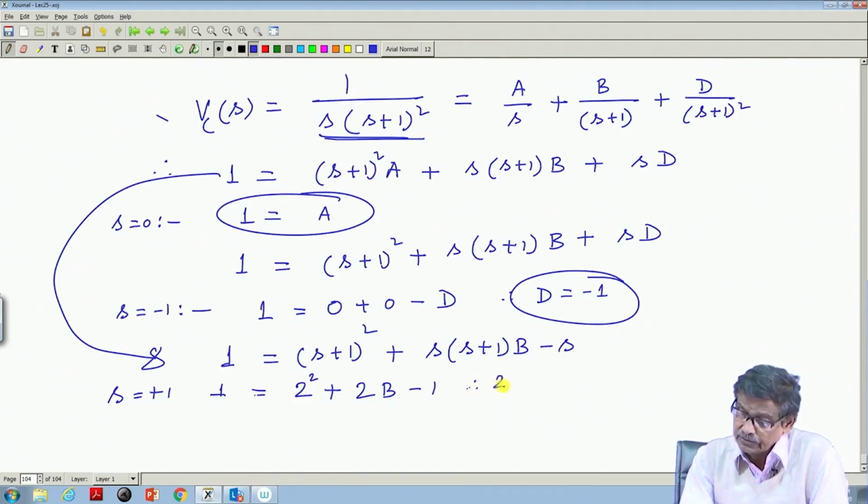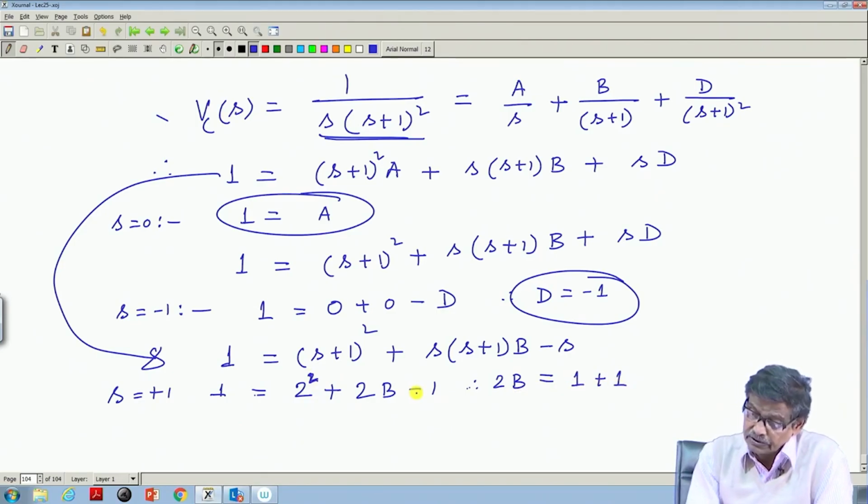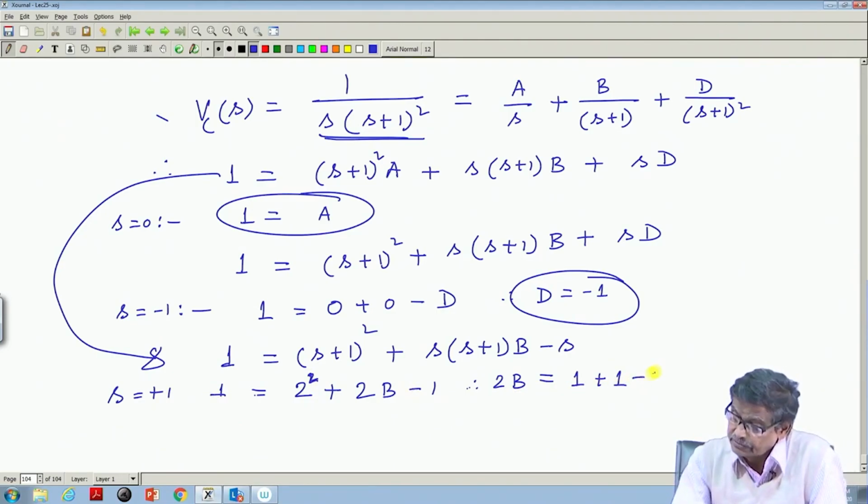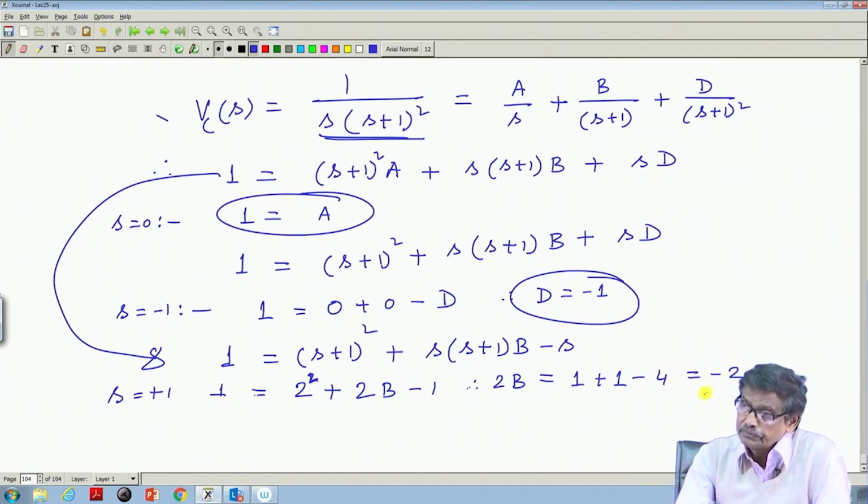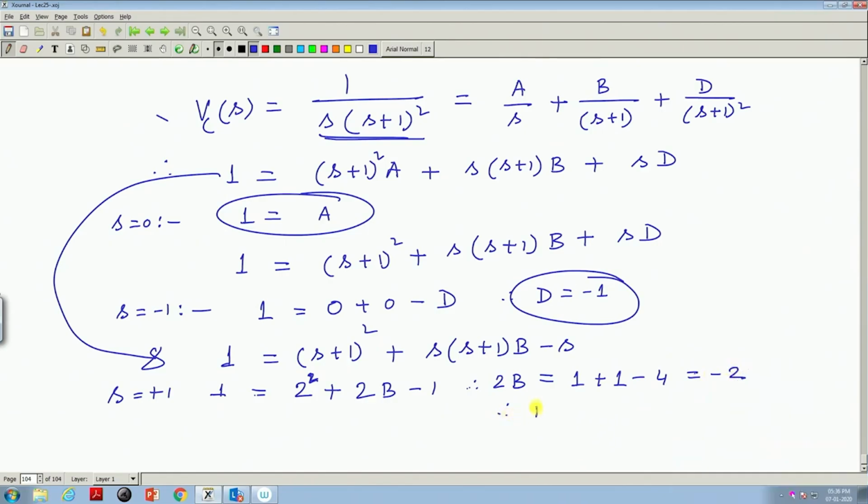Therefore, I will say 2b is equal to 1, this one you bring to this side, then minus 4, and this will be equal to minus 2. Therefore, b will be equal to minus 1.